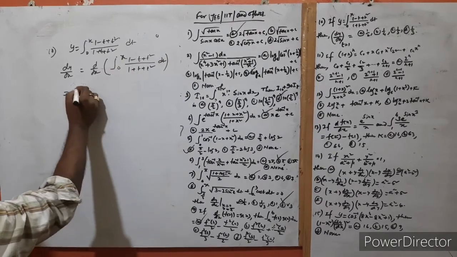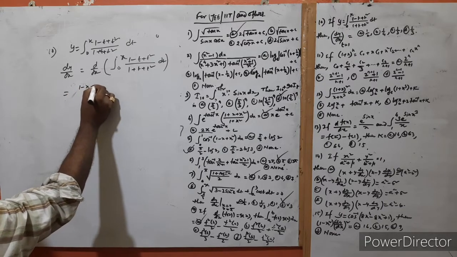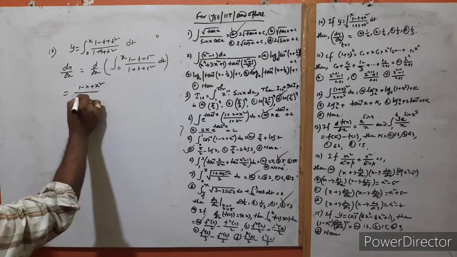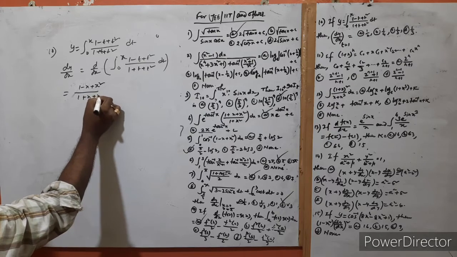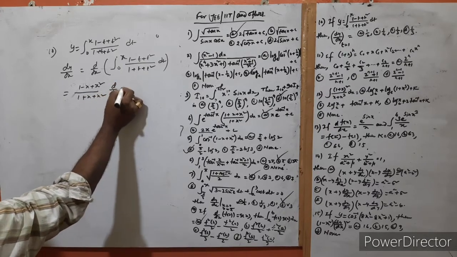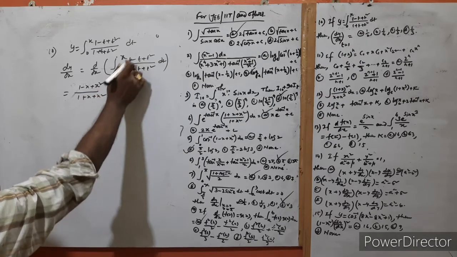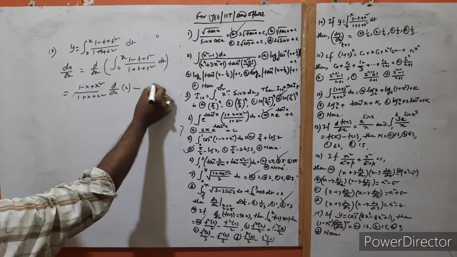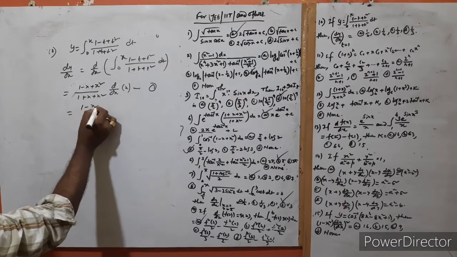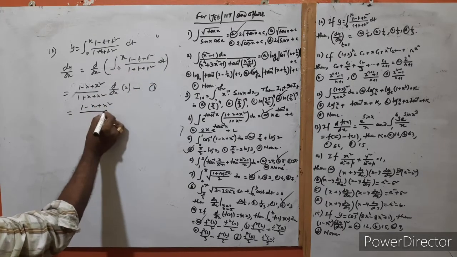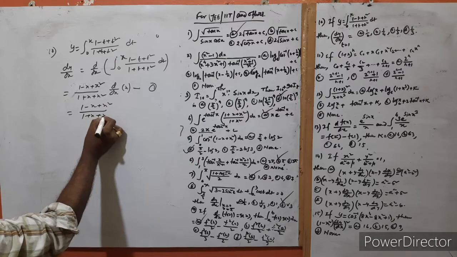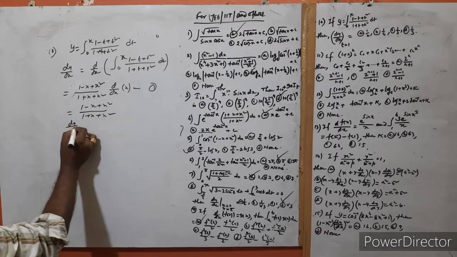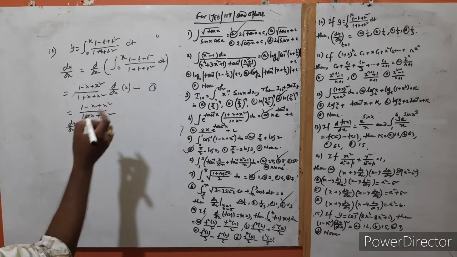First put x in place of t, and minus, if we put 0, d/dx of 0 is 0 here, so we get 1 minus x plus x square by 1 plus x plus x square, and dy/dx.